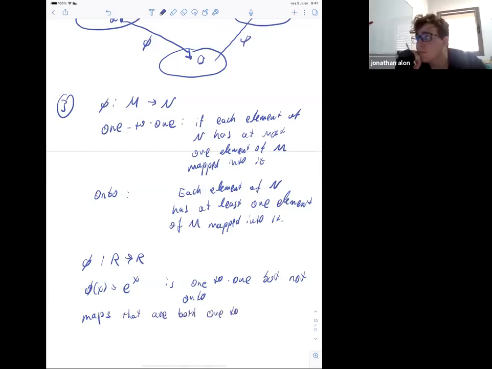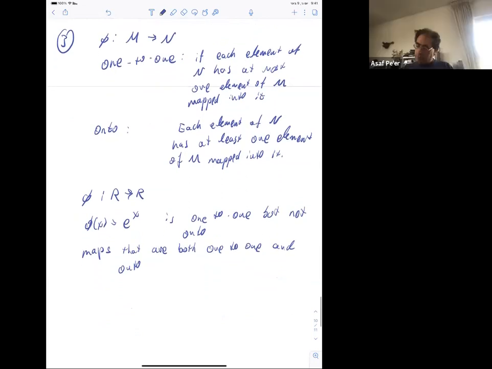Invertible. Yes. These are invertible maps.